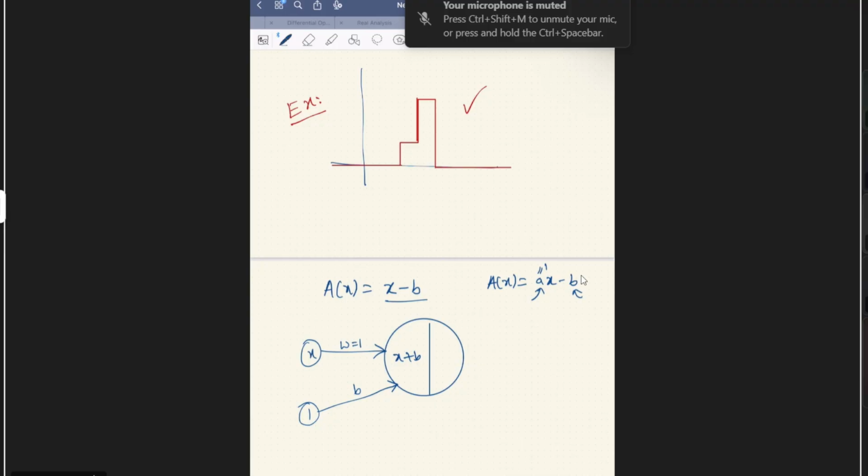The threshold is kind of 0 in this case, I can say, or maybe another logic function. I can say that if x is greater than b, I can say.